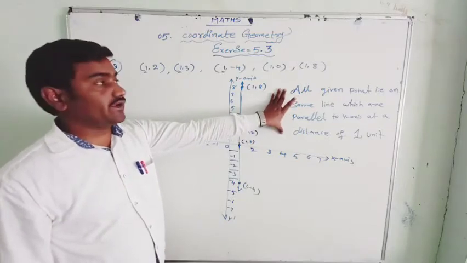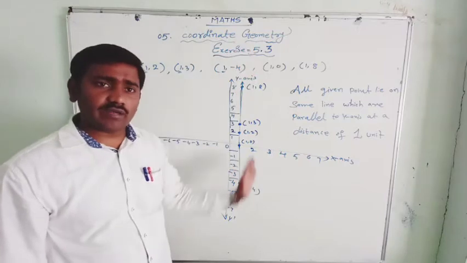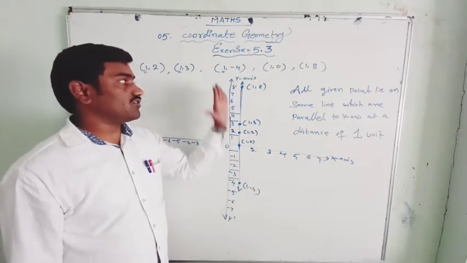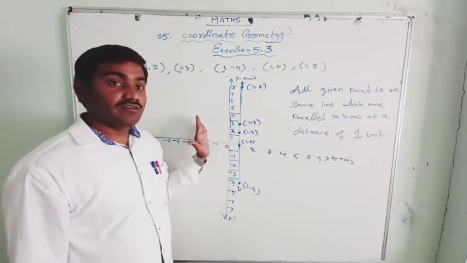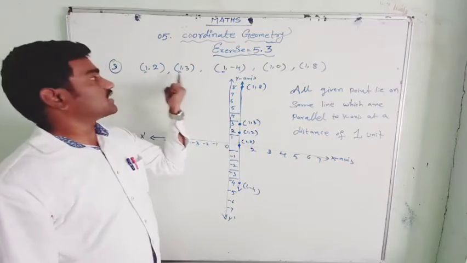This is what you need to write. So all these given 5 points lie on the same line, and that line is parallel to the y-axis with a distance of 1 unit. That one is x value.